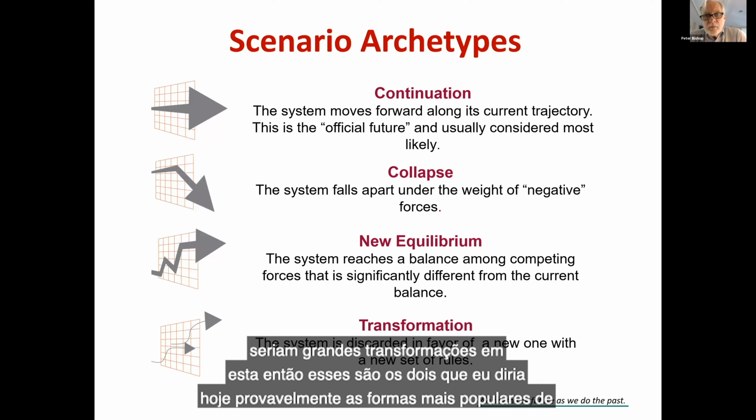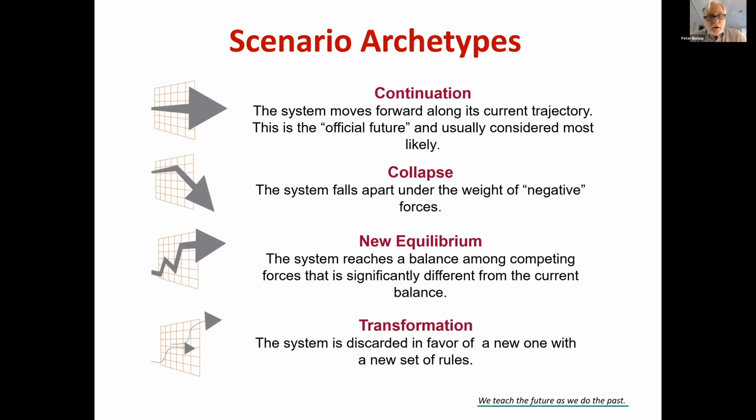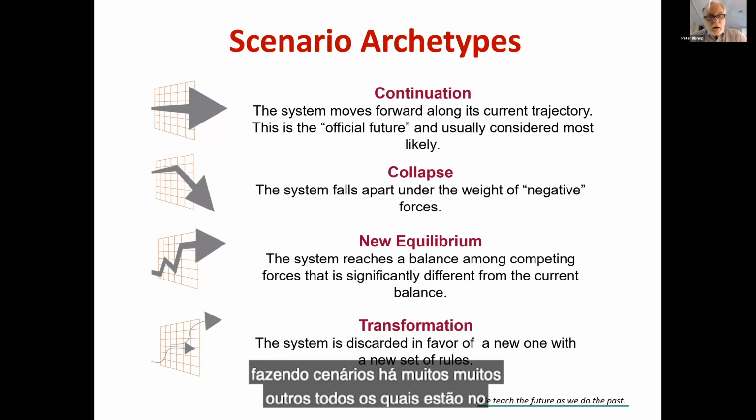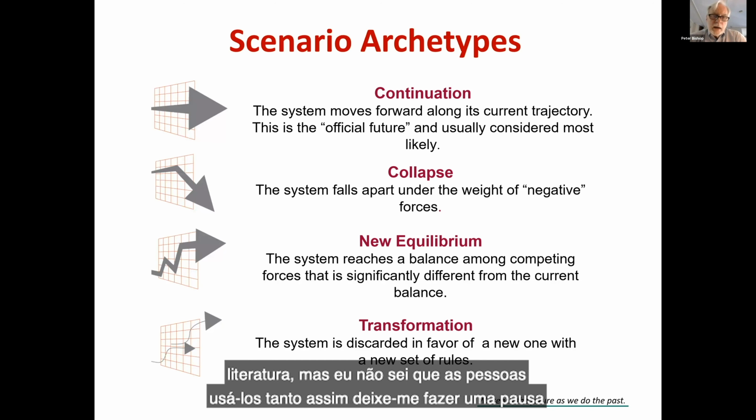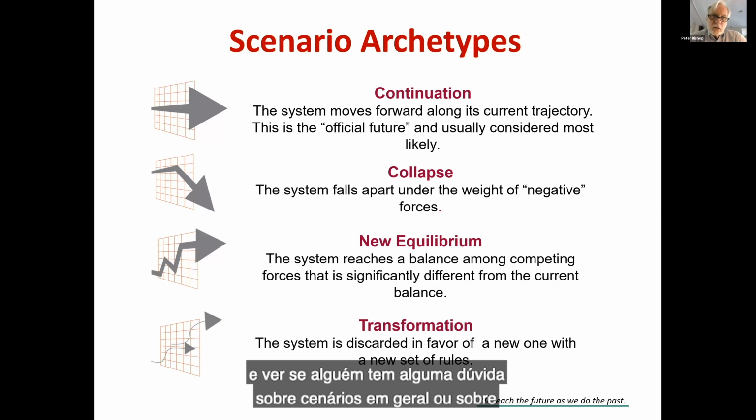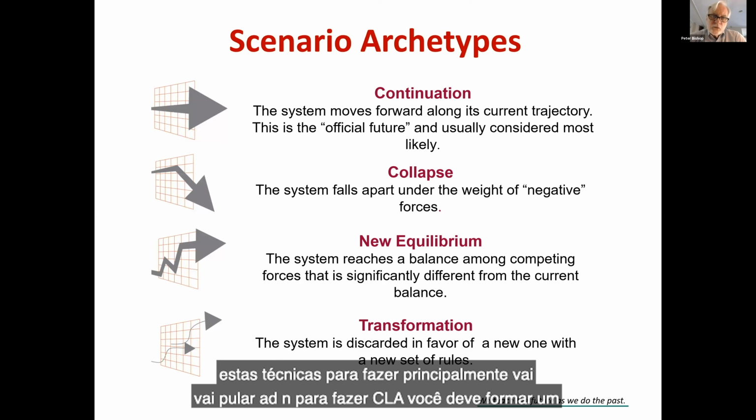So those are the two, I would say today, probably most popular ways of doing scenarios. There are many, many others, all of which are in the literature, but I don't know that people use them all that much. So let me pause and see if anybody has any questions about scenarios in general or about these techniques for doing them.